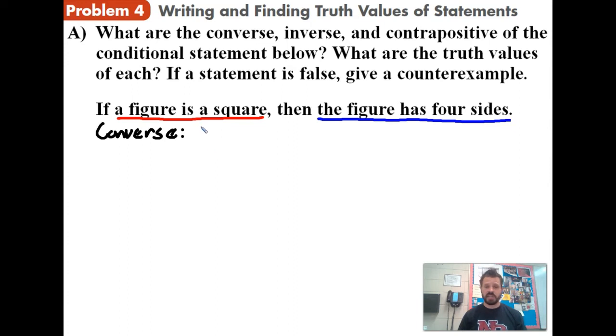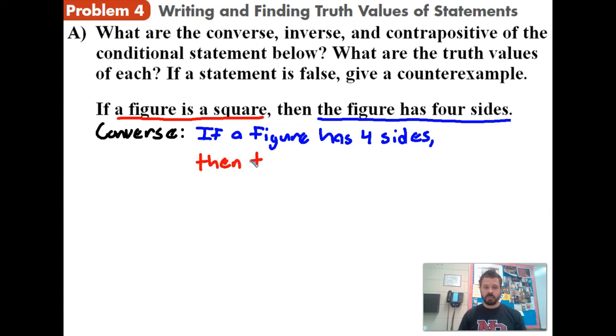So in this case, I could say if a figure has 4 sides, then the figure is a square.